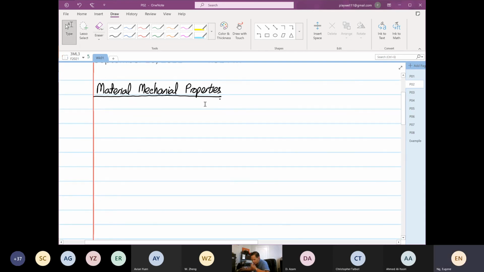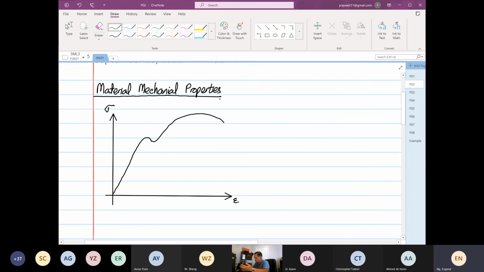So if we are going to go into the stress strain curve, right? So this is the stress strain curve of any material. Okay, not any. This is the most common type, especially for ductile material.